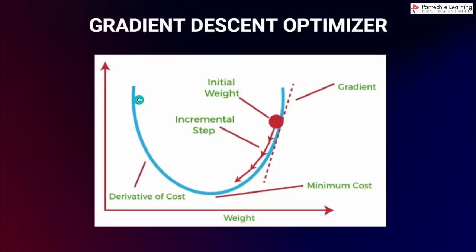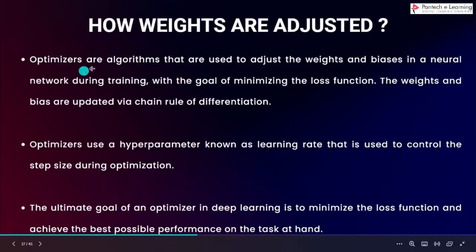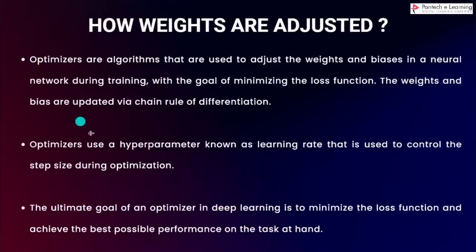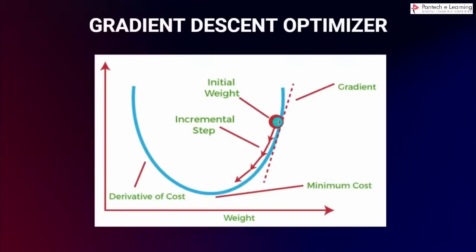If the optimizer were assigning random values, one time it would be here, one time here, then here, so the value won't be constant. If you want to reach the global minima, it should adjust the weight so that it reaches it step by step, in incremental steps.